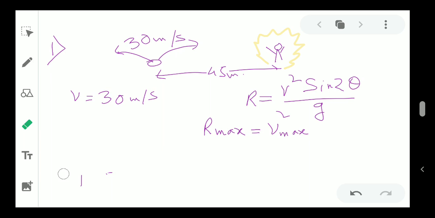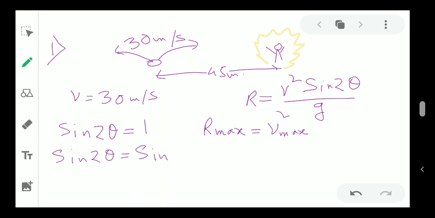So in case of the maximum range, we have to use sine 2 theta equal to 1. Now we know sine 90 degrees is 1, that is sine pi by 2 is 1, and sine 270 degrees is also 1.